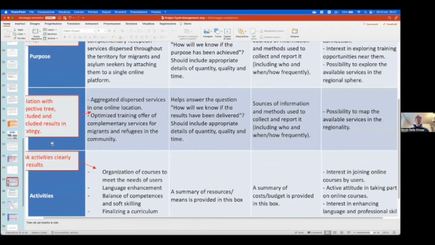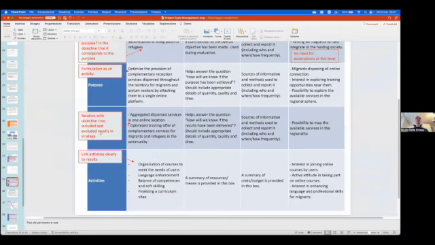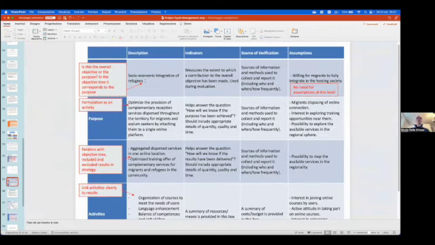Now, if we go to the logical framework, we have the socioeconomic integration for refugees at the level of the overall objective.